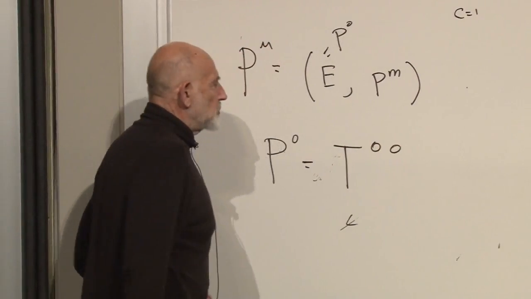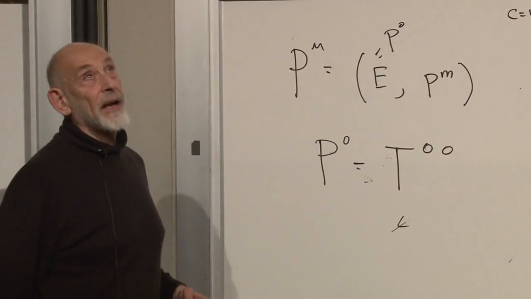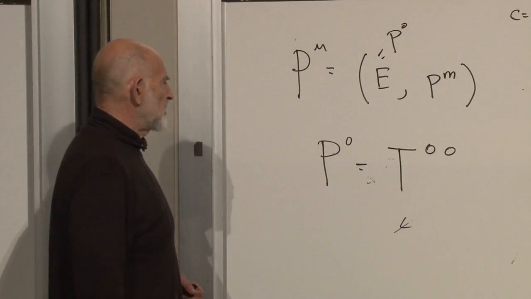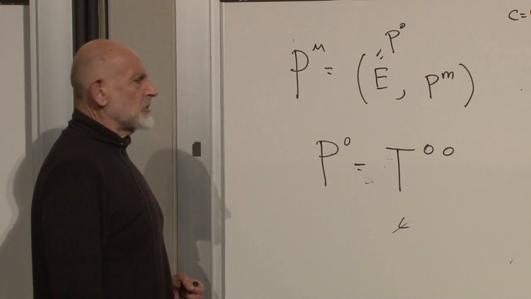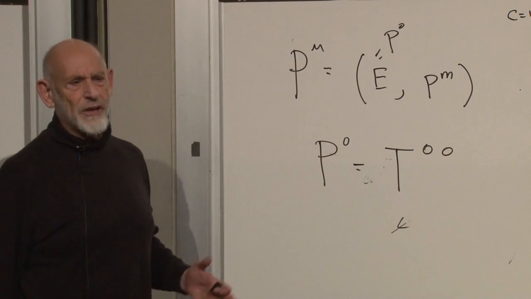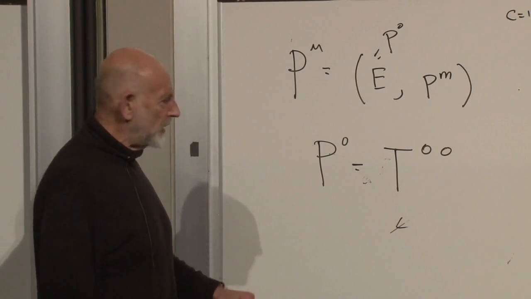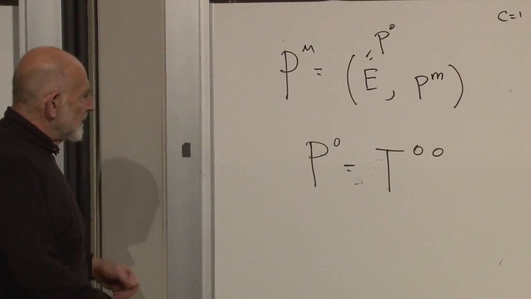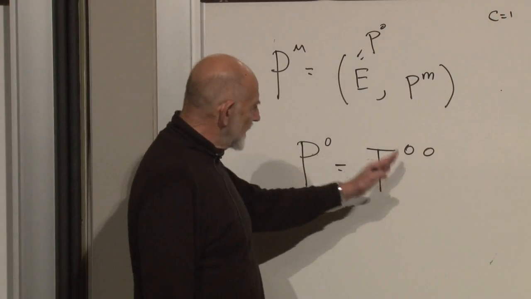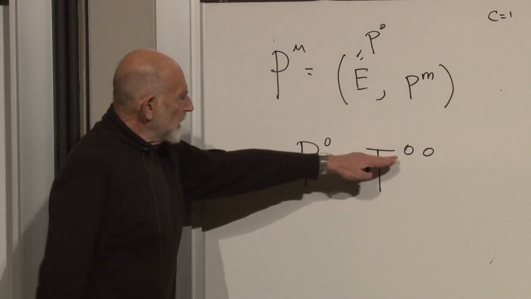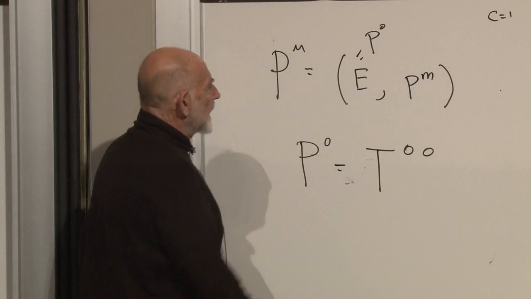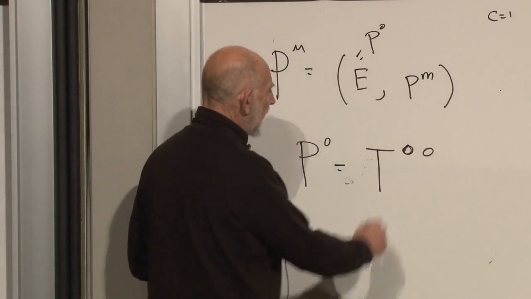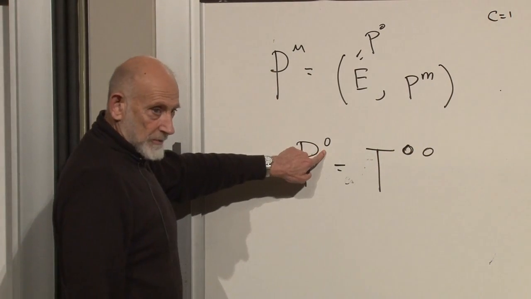Now, where the notation T came from, I don't know. Oh, yes. At some point in time, it was tension, but it's a long historical evolution. T naught naught. Now, what is the two indices naught naught? The first naught indicates that we're talking about energy.